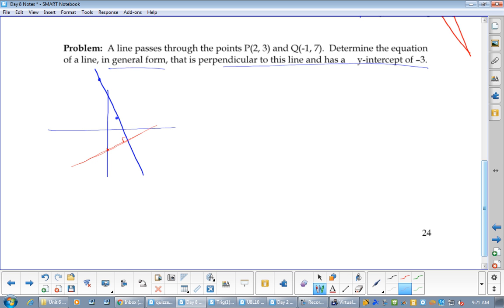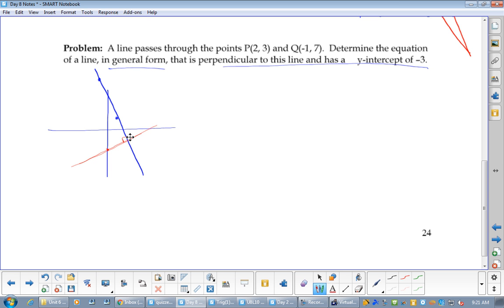Okay, great. So if we could find the slope of this, can we find the slope of the red line? Because it's going to be a negative reciprocal to it.